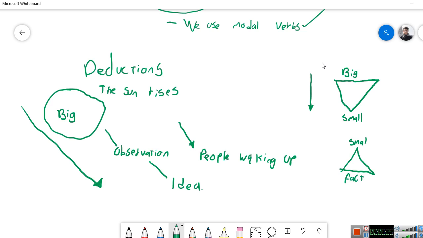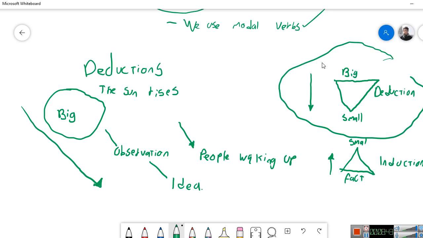That is an induction. Let me write it. This is a deduction, and this is an induction. It's important to know that. So for this lesson, we're just gonna focus on deductions.